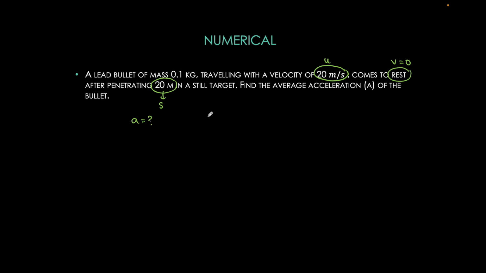Now we have three equations of motion. We have v is equal to u plus at. We have s is equal to ut plus half at square. And we have v square minus u square is equal to twice as. Now the question is, which of these equations is to be used for solving this problem?